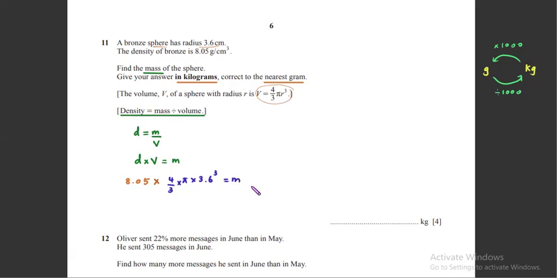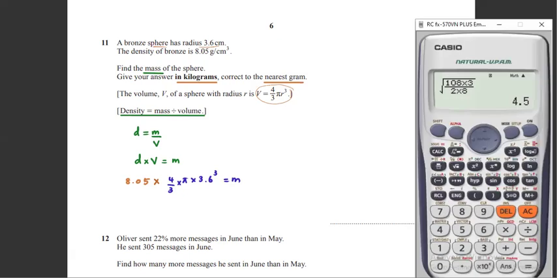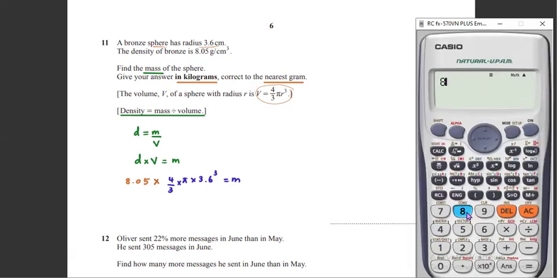So I'm going to put this in the calculator and see what we get as the answer. So we have 8.05, which we need to multiply with 4 over 3 times pi times 3.6 cubed, which is equal to 1573.229176.